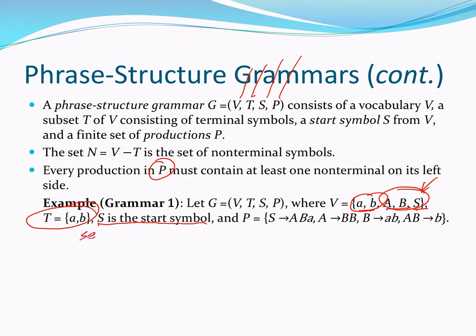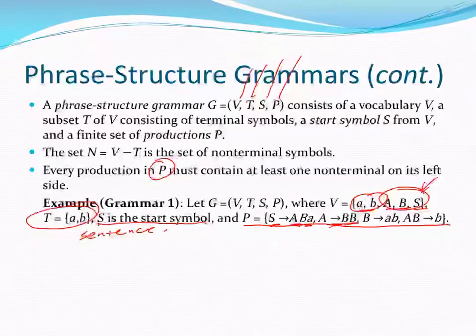It was the word sentence. And my production rules: S produces the two non-terminal symbols A and B followed by A. A can produce BB, B can produce AB, and AB can produce B. And that is it for your introduction to phrase structure grammars.